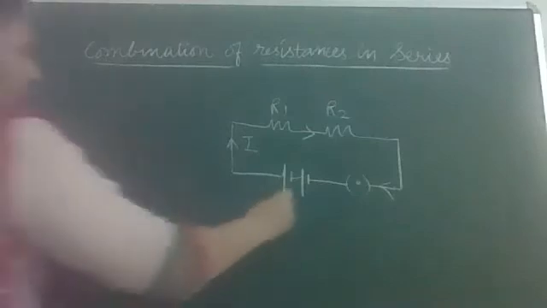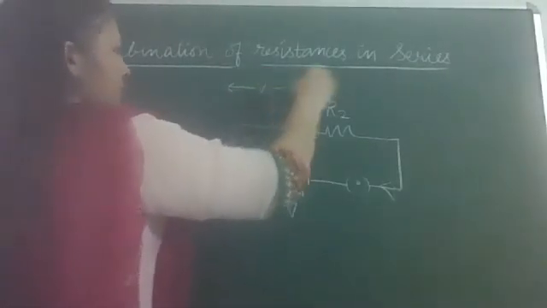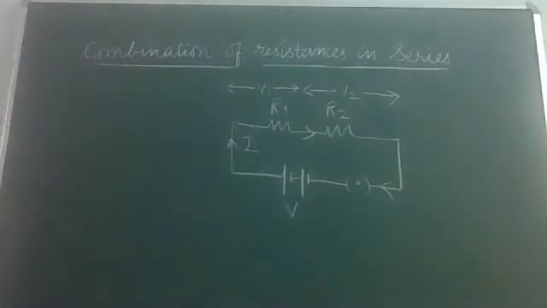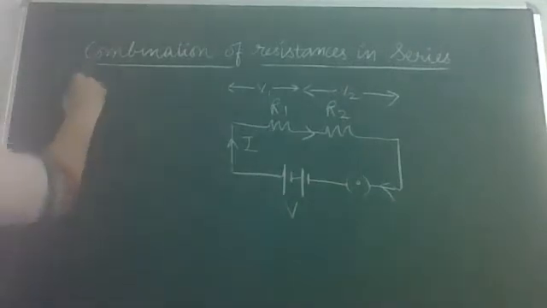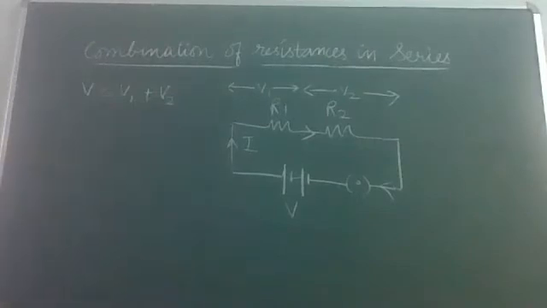If we say battery potential is V, then individual potential differences are V1 and V2. Okay, so that total potential is sum of these two.